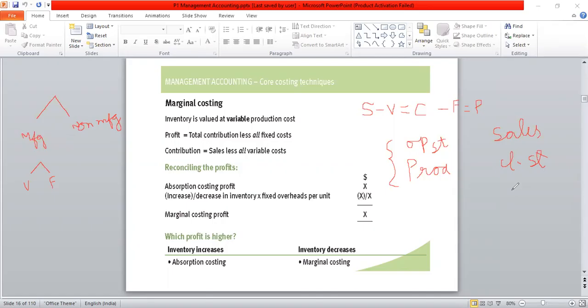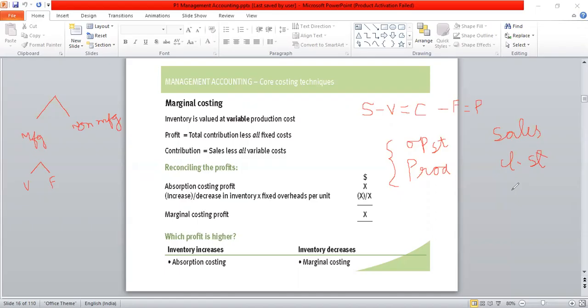Theoretical ones I will not touch because the time will definitely not be sufficient if we take up all the questions. So we'll focus only on the numerical questions. At the time of answering those questions, any further explanation needed, I will take it up. As of now, just understand the meaning of absorption costing and marginal costing.